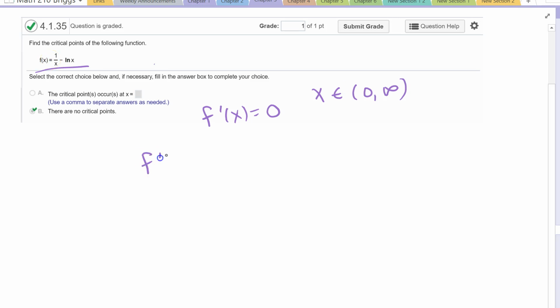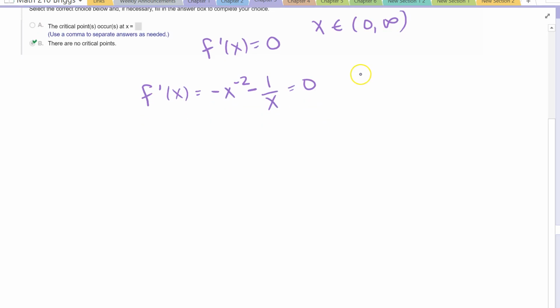The derivative of the function would be minus x to the minus 2 minus 1 over x. Set that equal to 0. We already know x cannot equal 0. Rearranging, I would get minus 1 minus x equals 0, so x equals minus 1.